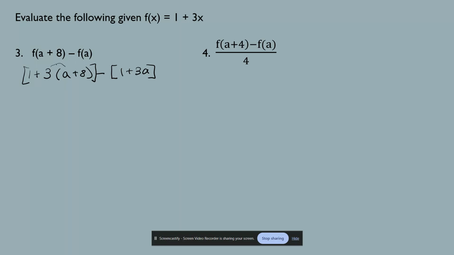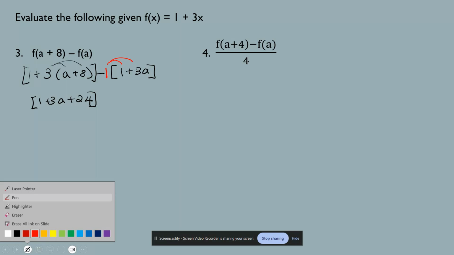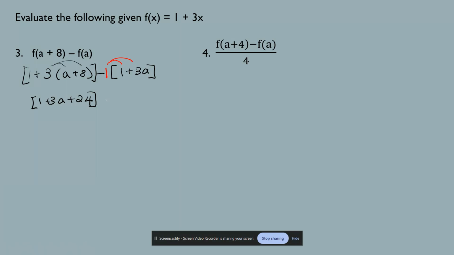First step, I'm going to distribute my 3. So you got 3a plus 24. And I'm going to keep my 1 right here. Since it's a minus, or technically I have a negative 1 here, I'm also going to distribute my negative 1 right away as well. So this ends up giving you negative 1 minus 3a then.